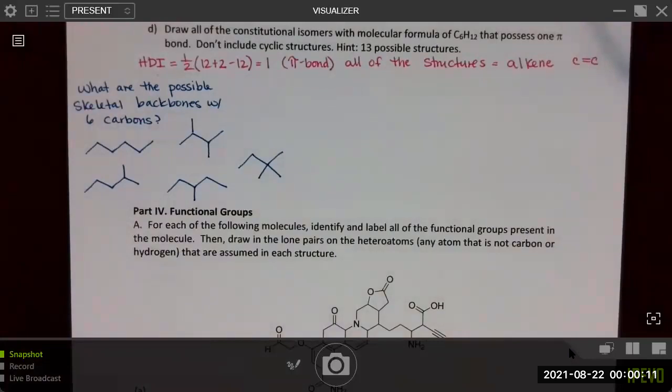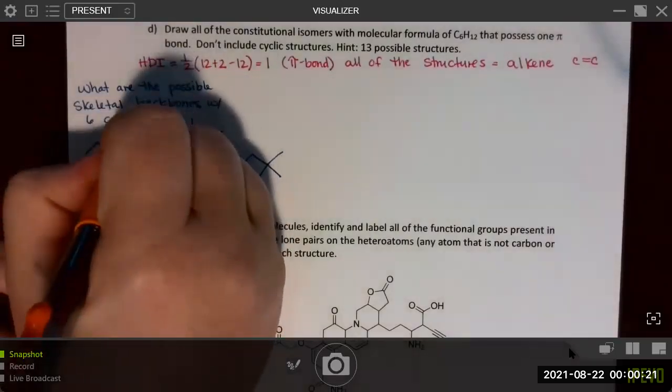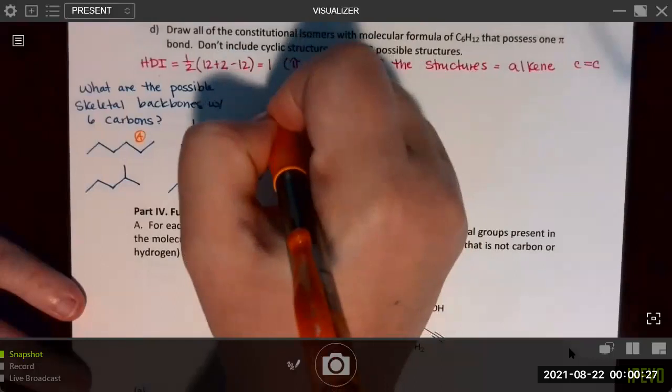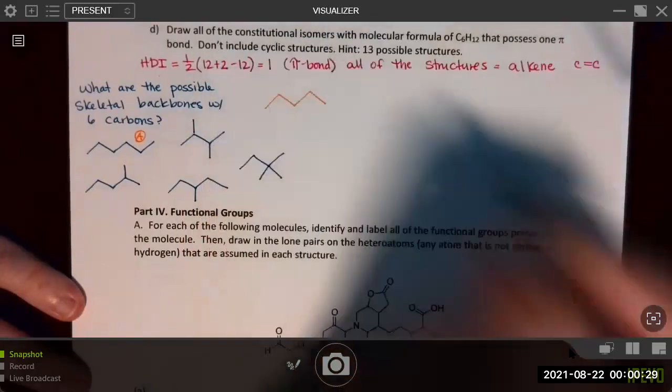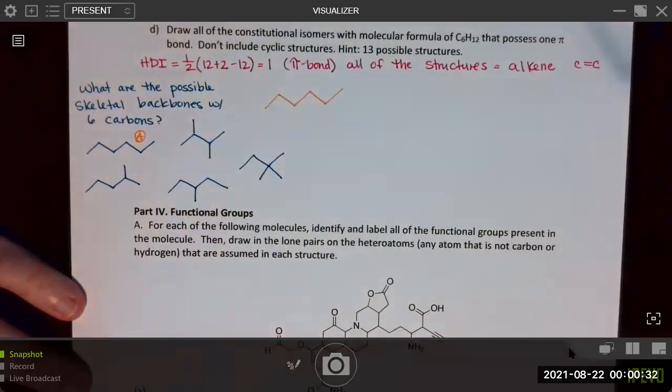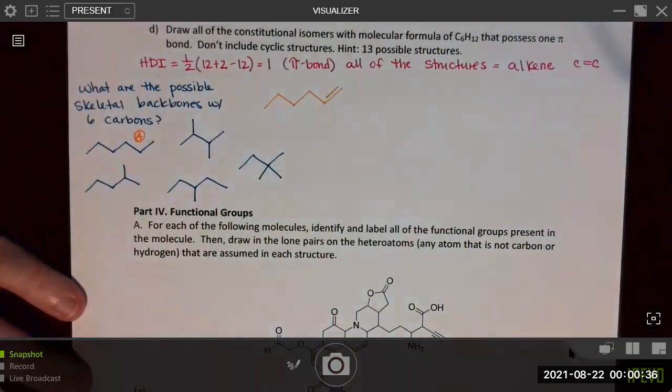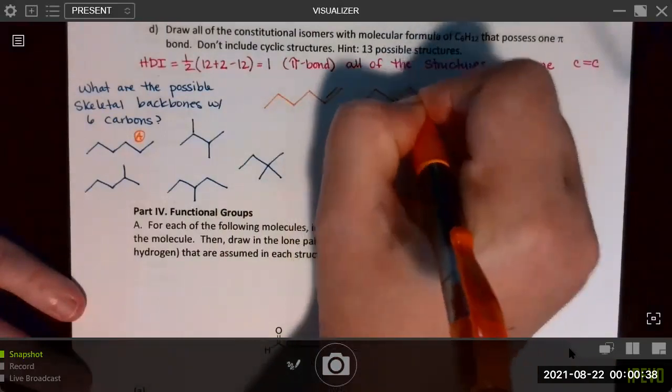Now we just need to add a pi bond everywhere we can add a pi bond that would make a different structure. So let's say with A, I'm going to do these in orange, right? So we have 6 carbons in a row and put in a double bond. Maybe I put it in at the end here. So it's possible that I could have 6 carbons in a row.